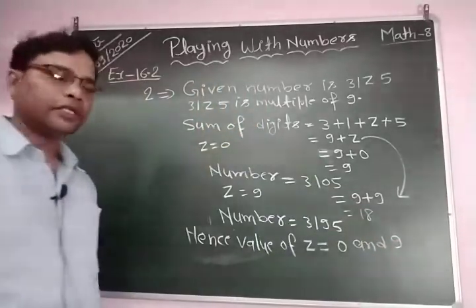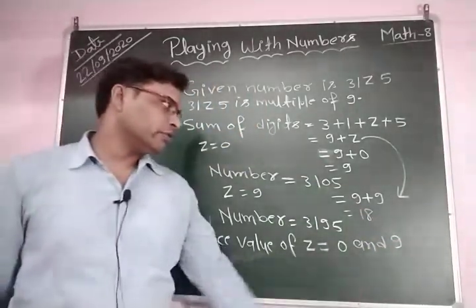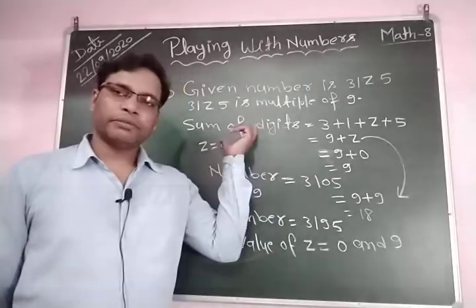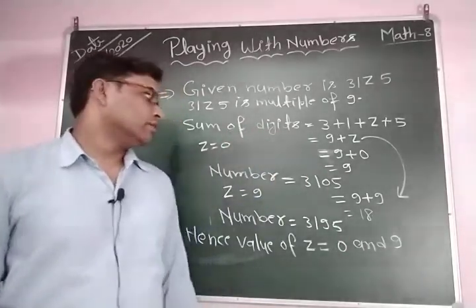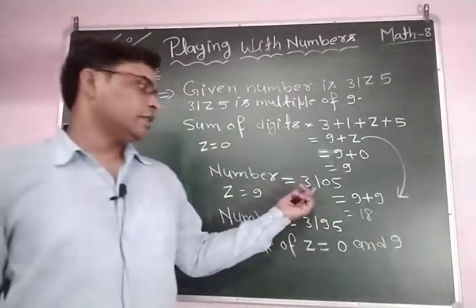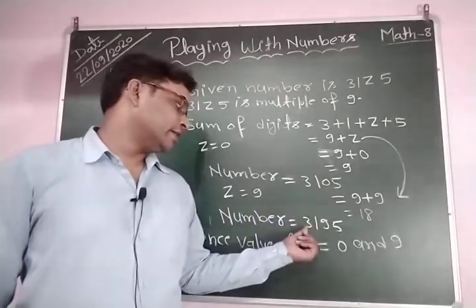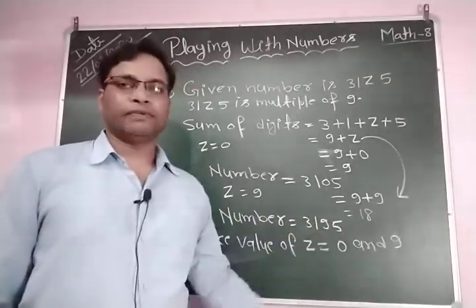Here there are two values. For both values, the given number is divisible by 9. So the first number is 3105 and the second number is 3195.